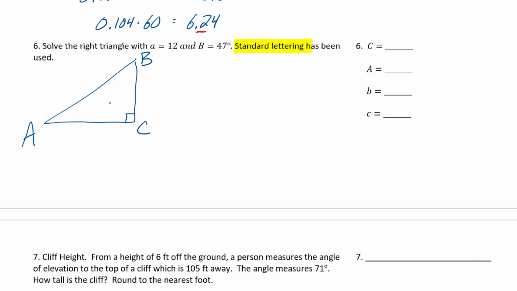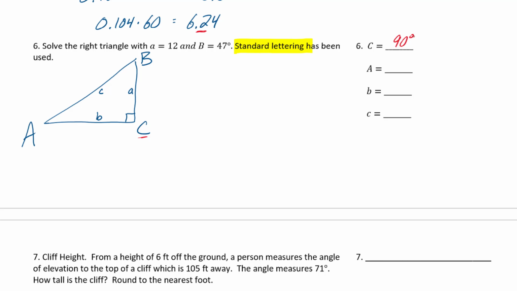But I do know that across the shape, because of the standard lettering, should be the same letter. So across from angle A should be side A, across from angle B should be side B, and across from angle C should be side C. So at this point, what do we know? Well, we actually technically right now can answer what angle C is, because that's where the 90-degree angle should be.